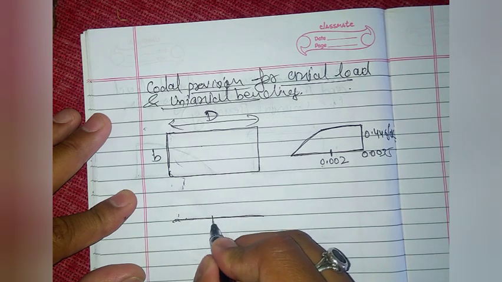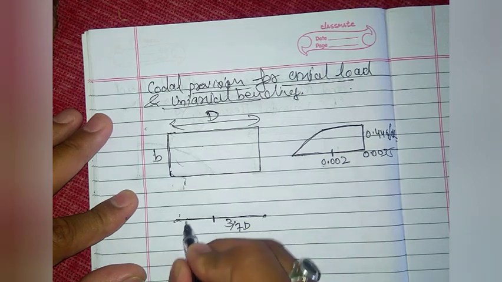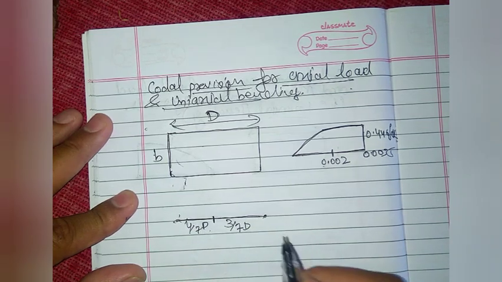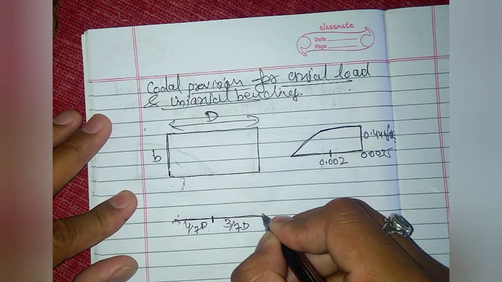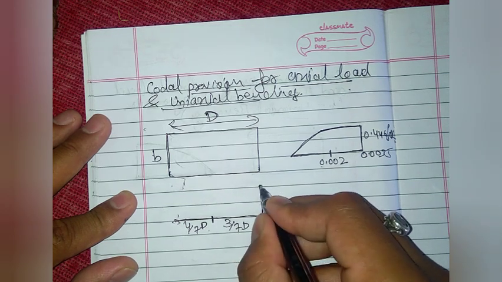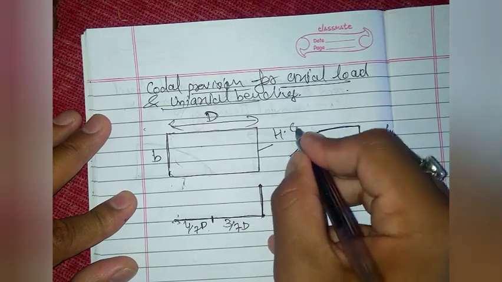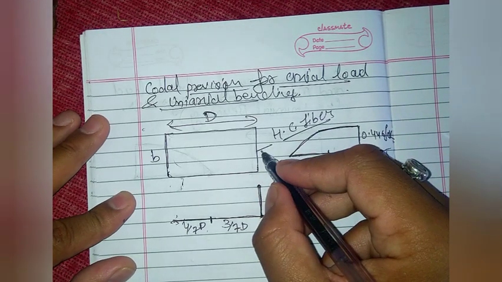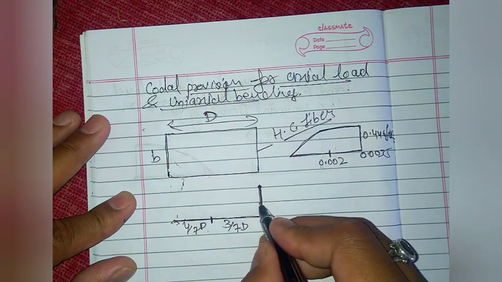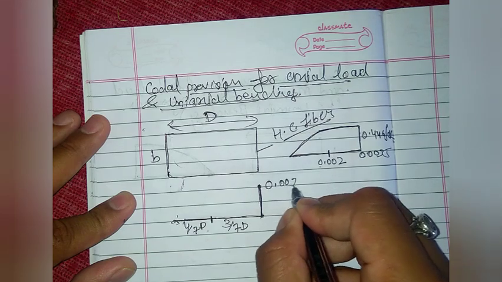Somewhere at this point, it is 3/7 D from here, and this value is 4/7 of D. We get the maximum strain in the highly compressed fiber, and its value is 0.0035.